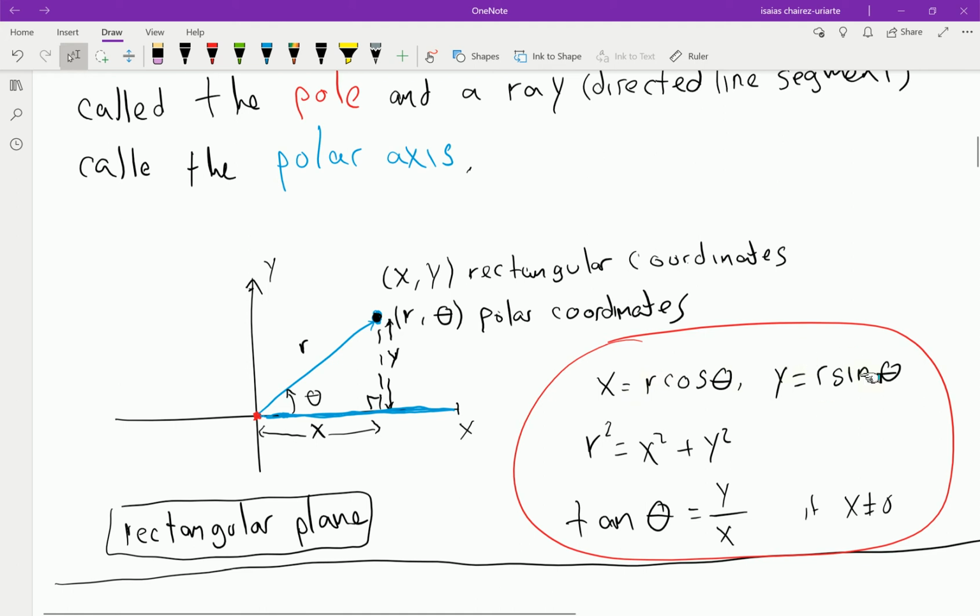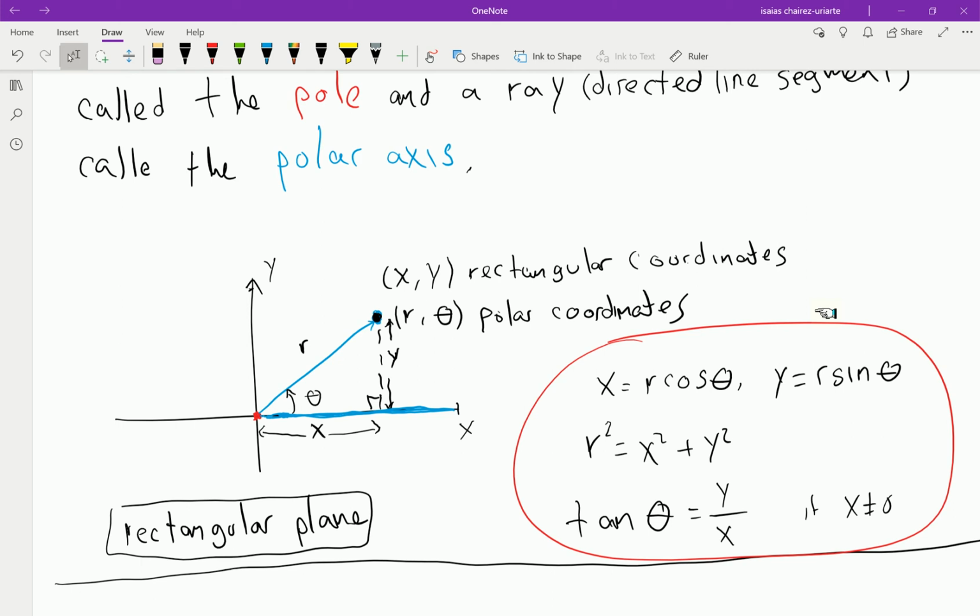Similarly, y equals r sine theta. I also know that r squared is equal to x squared plus y squared, and that tangent of theta is y over x. These four equations help us translate back and forth between polar and rectangular and vice versa. So keep them in mind.